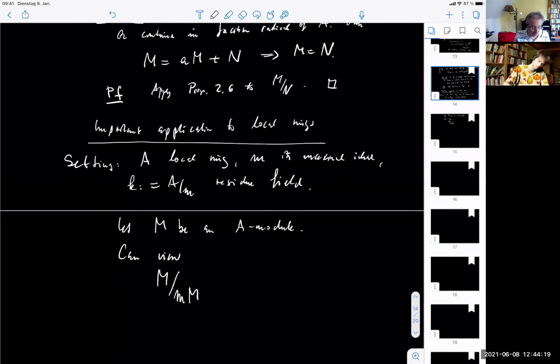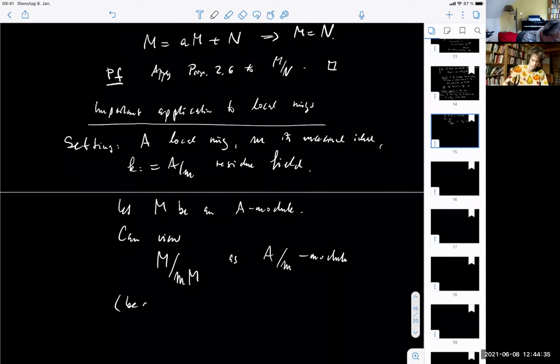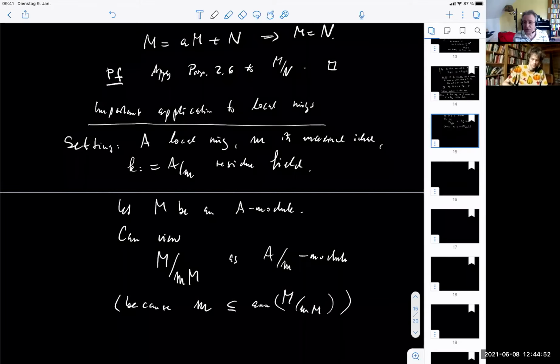This is an A module, but I can view it as an A mod M module. Why? Because my M, by which I divide the ring, is in the annihilator of the factor module. So this is well defined.